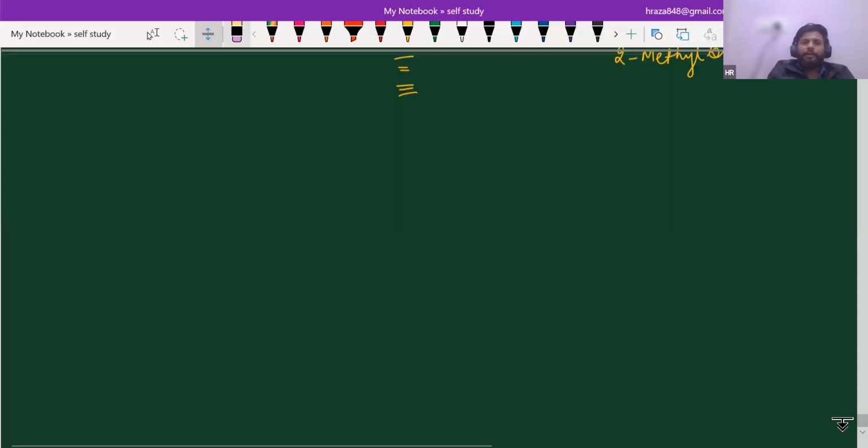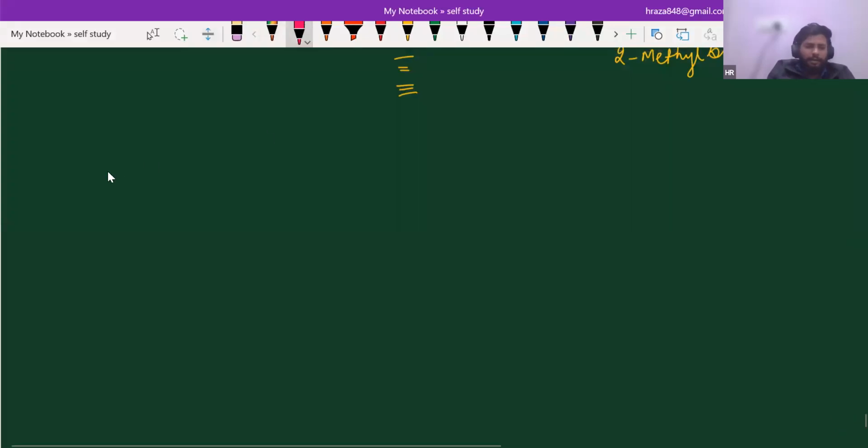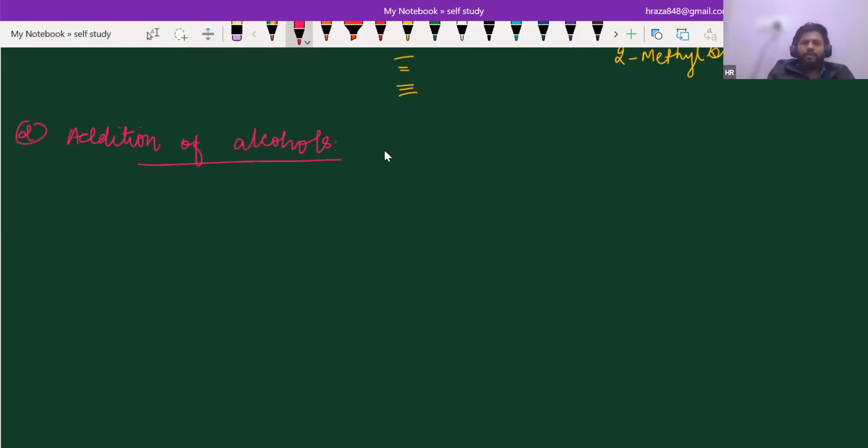Now we are going to start the next reaction, that is basically addition of alcohols. If you add alcohol to a carbonyl compound, especially aldehydes and ketones, what will be the product? It's very easy to understand.